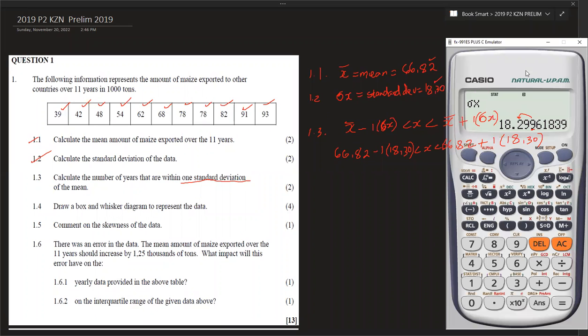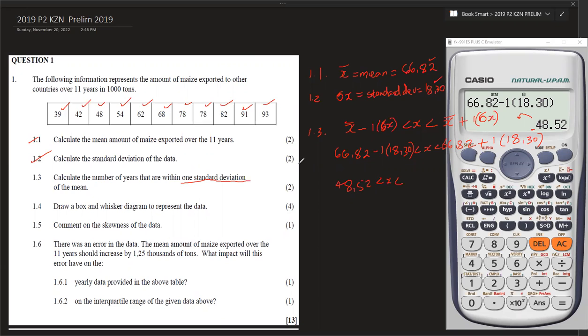So AC, now let's see. We have 66.82 minus 1 in brackets 18.30. This gives us 48.52.